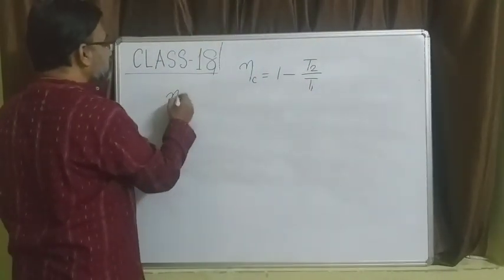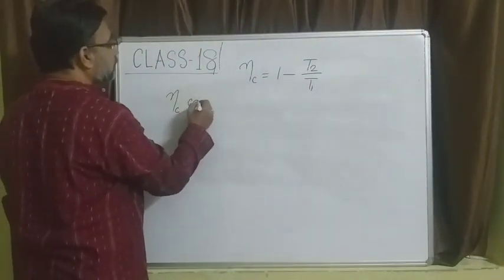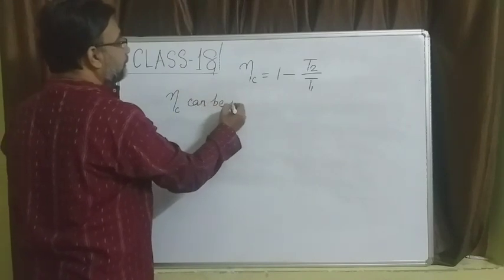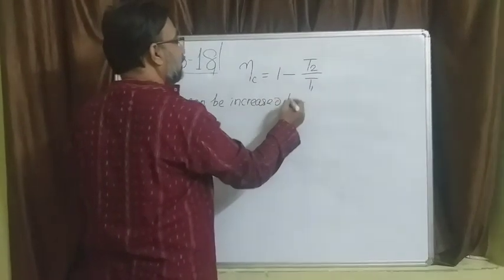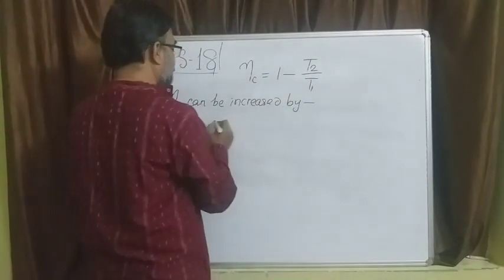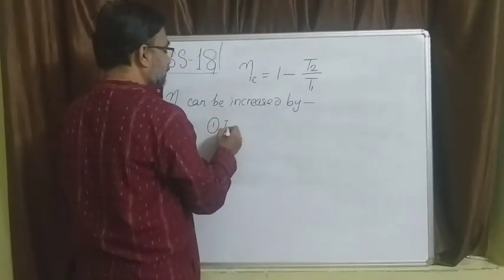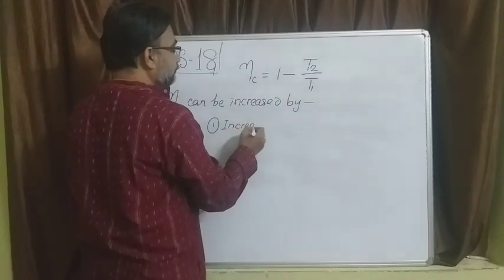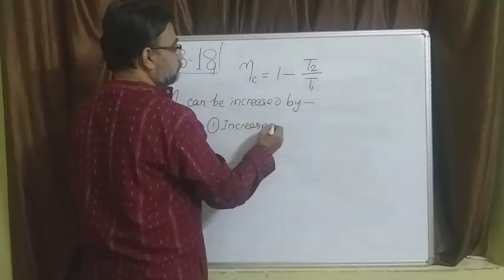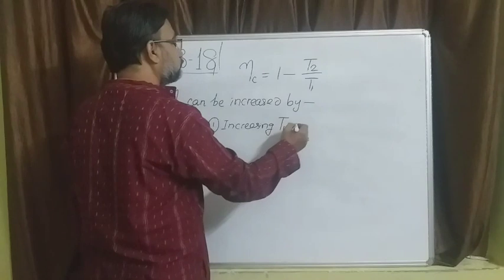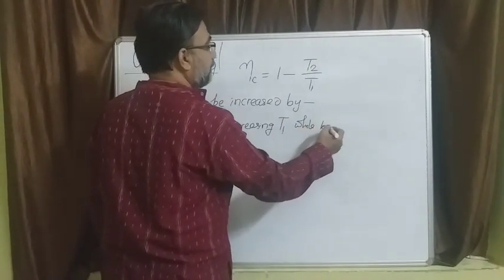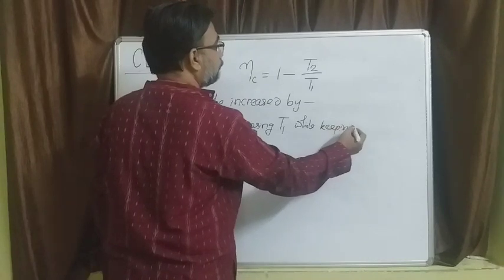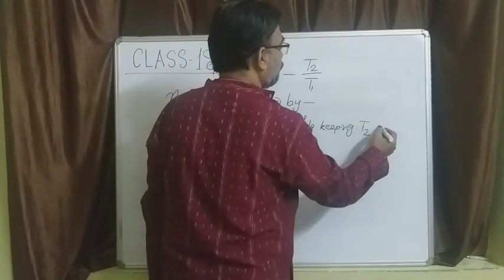So Carnot cycle efficiency can be increased by increasing T1 while keeping T2 constant.